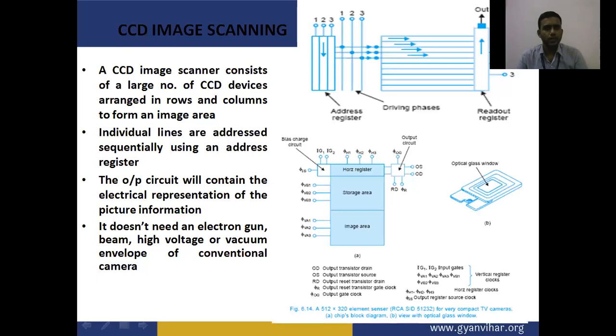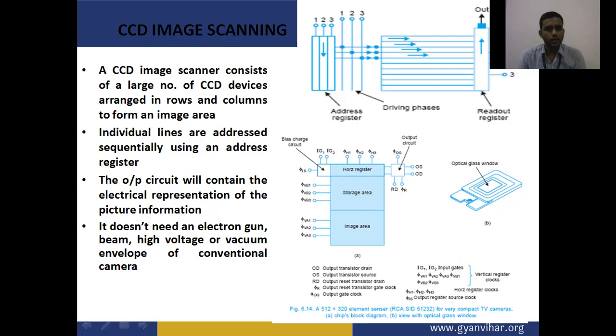Now CCD image scanning: how the image is scanned in the CCD. The CCD image scanner consists of a large number of CCD devices arranged in rows and columns to form an image area.